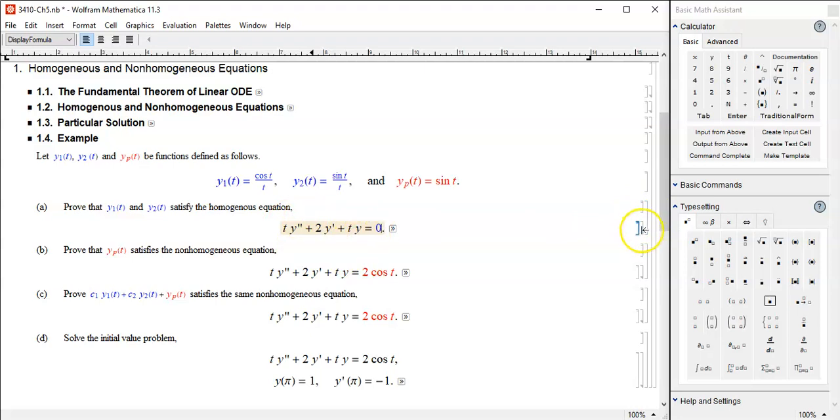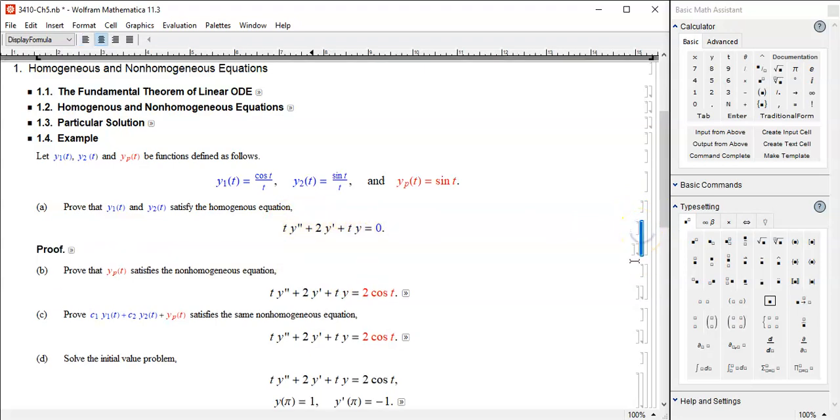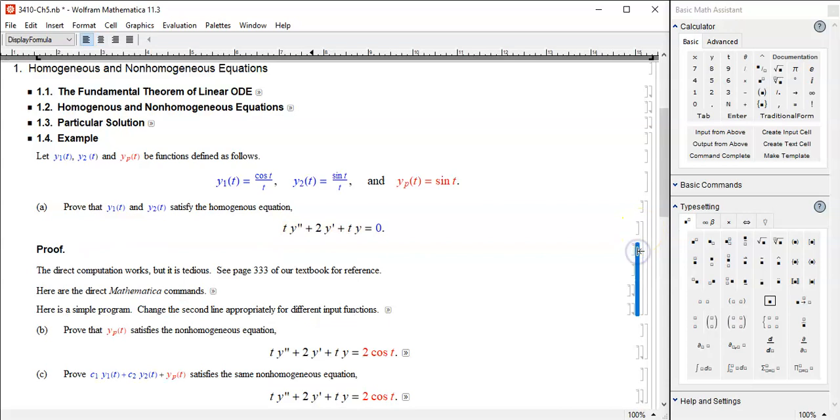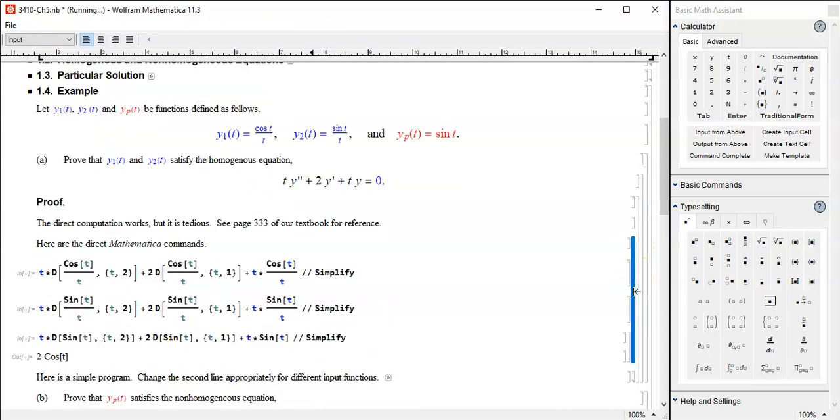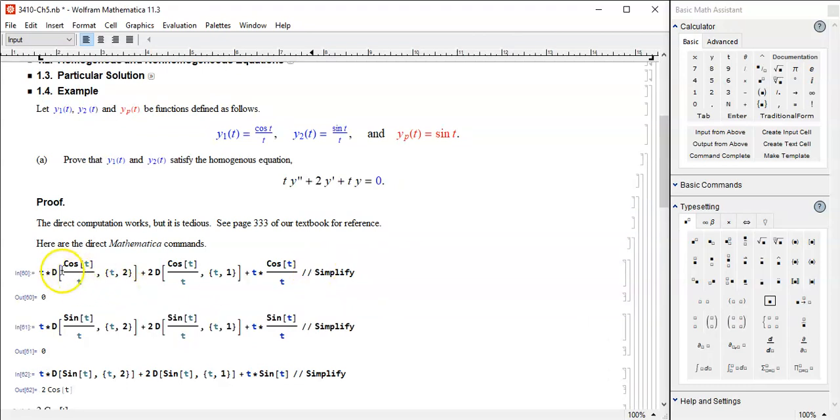Not difficult, but tedious. As a matter of fact, it was so tedious that I just used Mathematica to do that. Let's see. t times the second derivative, 2 times the first derivative, t times the original function. Simplify that, we get 0. How about sine of t over t?